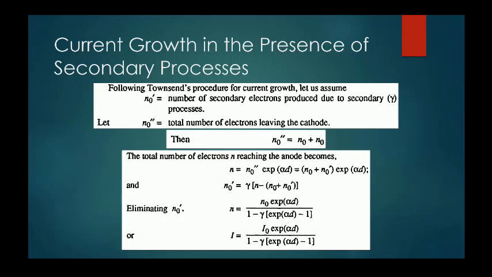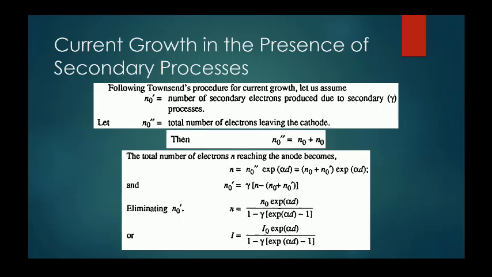Then N0 double dash is nothing but N0 plus N0 dash. N0 is what we previously defined, the number of electrons moving out of the cathode. N0 dash is the number of electrons caused by the secondary process. So a total of N0 double dash electrons is leaving the cathode.